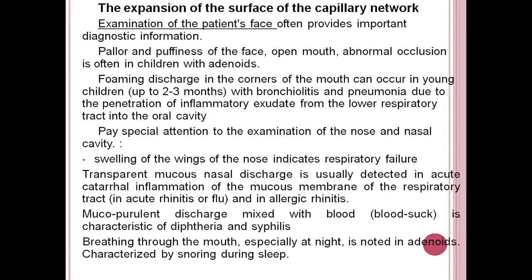Pay special attention to the examination of the nose and nasal cavity. Swelling of the wings of the nose. Transparent mucous nasal discharge is usually detected in acute catarrhal inflammation of the mucous membrane of the respiratory tract and in allergic rhinitis.